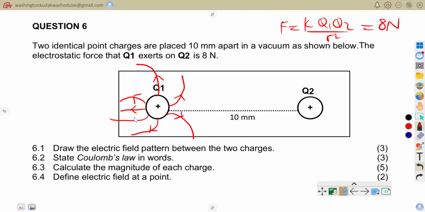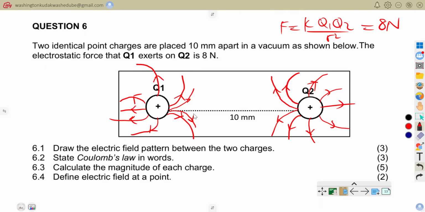So you draw it going out of the positive, but in such a way that these ones are repelling. The field has to go out of the positive charge, but the direction has to make sure that these two are repelling. There is no attraction. They have to repel like that. So that is how you would have drawn that.